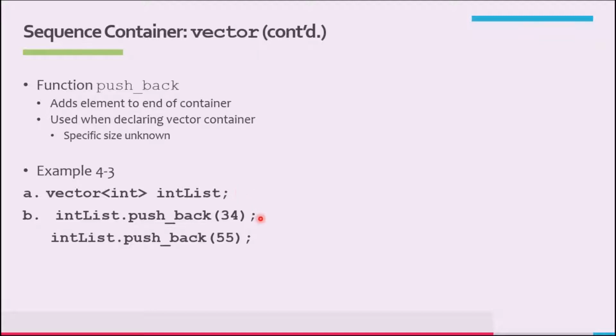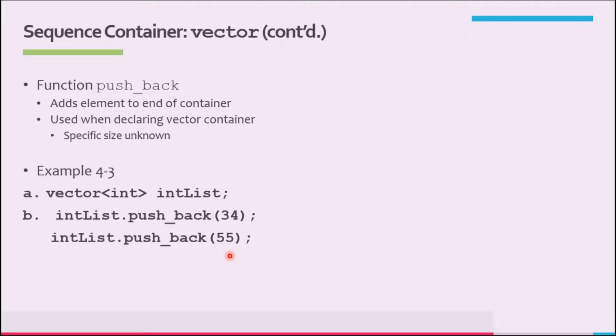Then for letter B, you've got intList.push_back(34), and then intList.push_back(55). So after these statements execute, the size of intList is 2, and the values of intList would be 34 and 55.